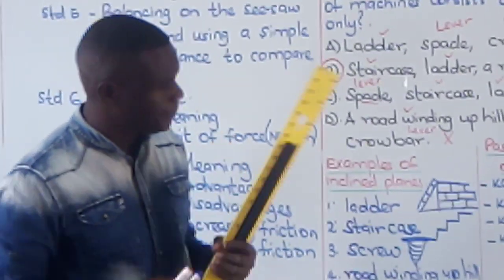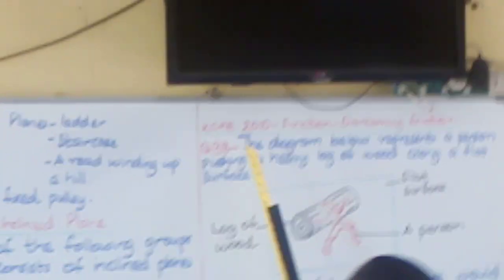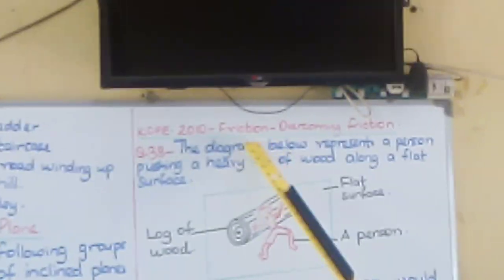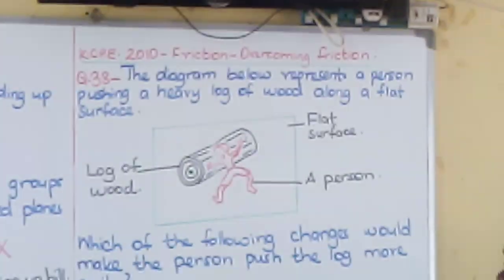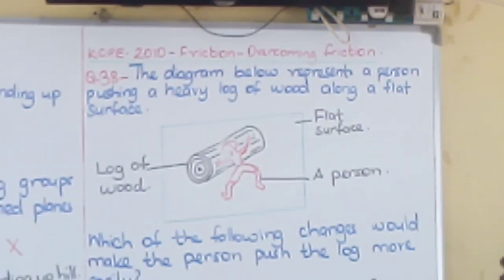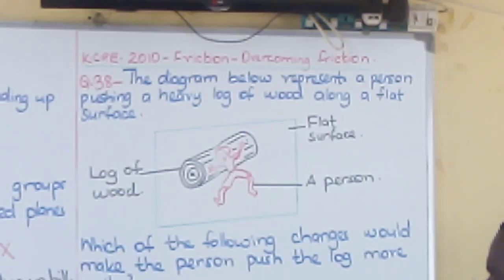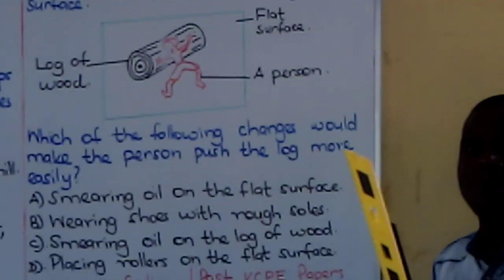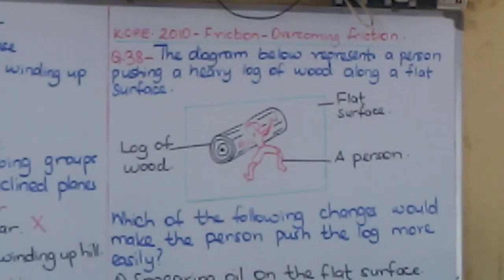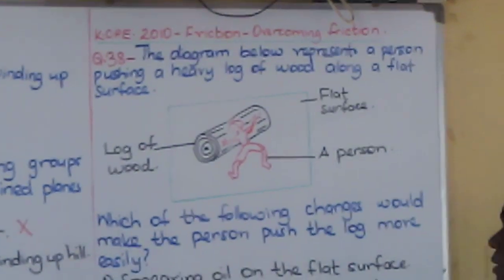Let's look at question number 38 of 2010. It's talking about friction, particularly overcoming friction. Look at the blackboard, everybody. Look at the blackboard. Blessing, please pay attention. Pay attention, and you will understand.